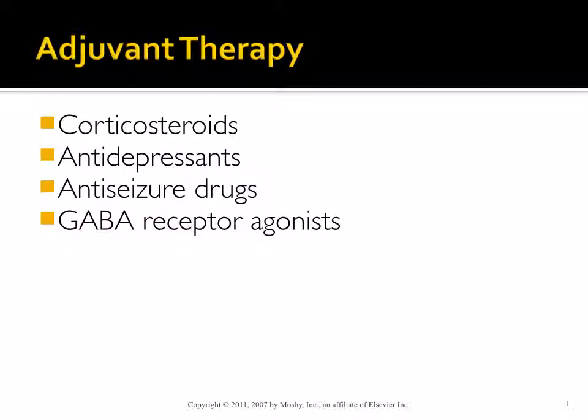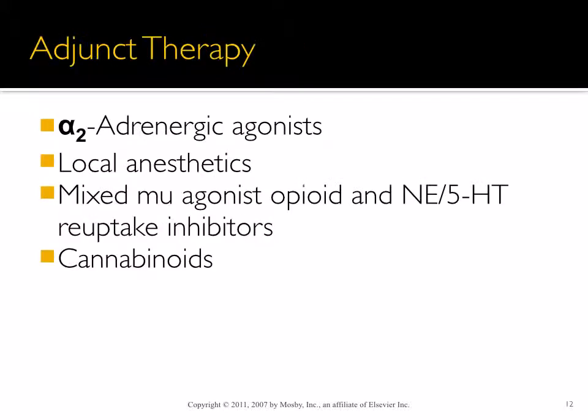GABA receptor agonist, I told you, a very common drug related to this that you'll see on the floor is baclofen. Okay, so these are the main classes of drugs usually used in conjunction with the other opioid or non-opioid drugs for the pain relief of a patient.